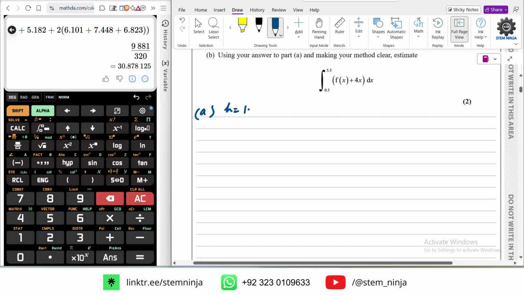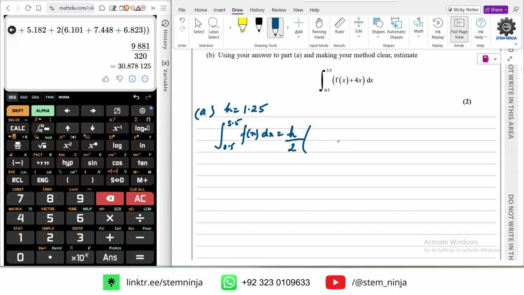So h is 1.25. So the integral of f of x dx can be approximated by h over 2 times y naught plus yn plus 2 times y1, y2 and so on. We actually have just 3 values, so we can do this over here.